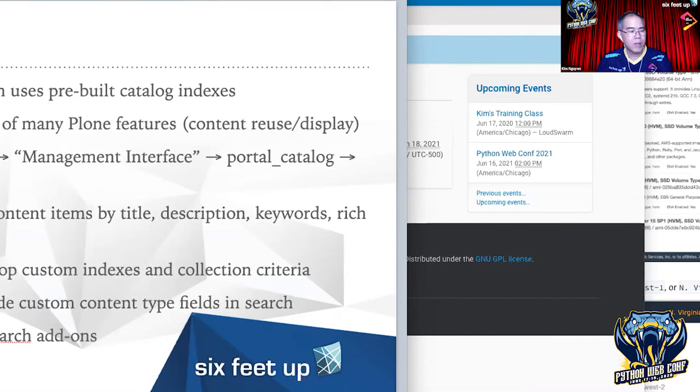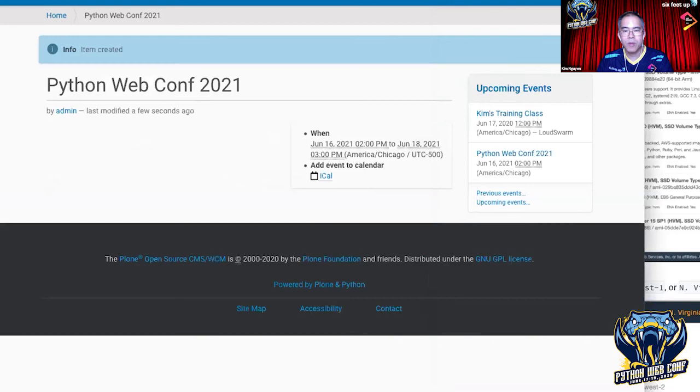So let's take a look just quickly at some search features. One of the reasons why I got hooked on Plone was that there was a search engine built right into it. And so if I type in the search field at the top here a thing like Python, look at this, autocomplete, immediate search results. You can just click through on the thing.